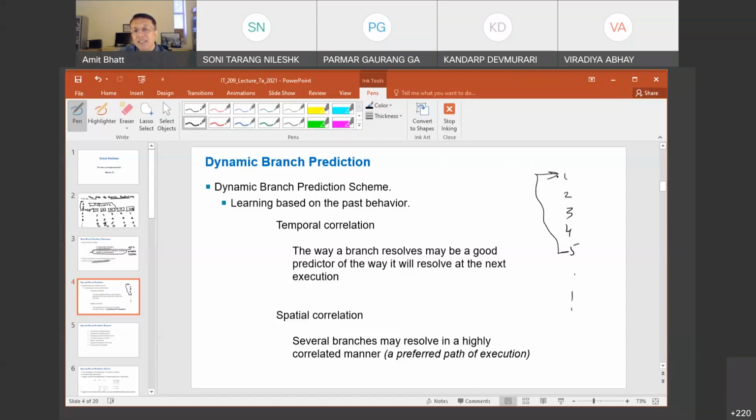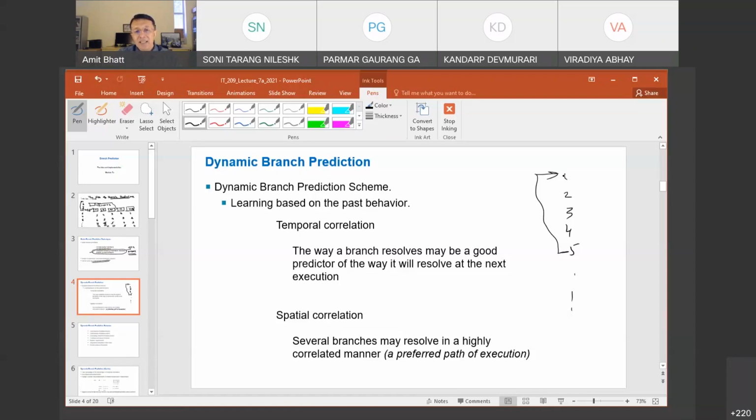The reason is that branches are usually repeated 10, 100, 1,000 times. So there is a temporal correlation that if a branch at instruction number 5 resolved last time to instruction number 1, there is a great chance that next time also it will resolve to instruction number 1. It may not always be correct, because maybe you are supposed to get out of the loop and still you bring back number 1, and then you will have to throw away the instructions, and then you have to again bring back instruction number 6 and 7 and then continue with that.